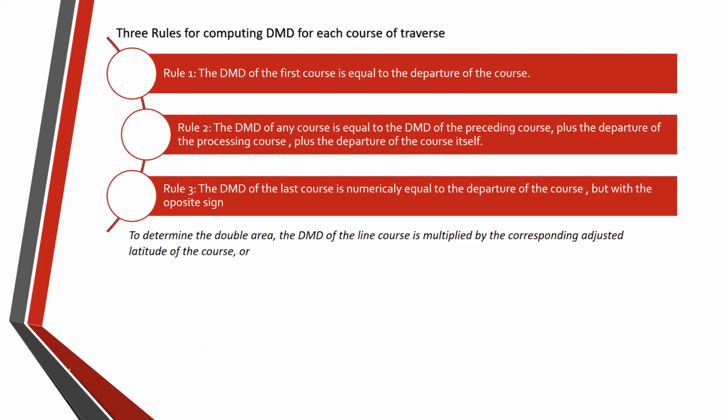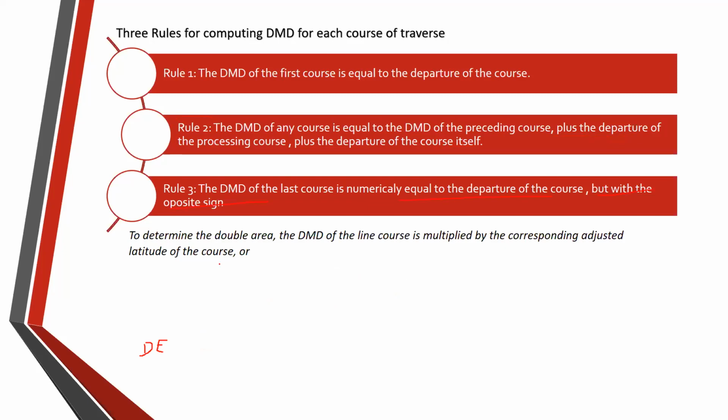For rule number 3, the DMD of the last course. We have A, B, B, C, C, D, D, E. DE is our last course, right? The DMD of the last course is equal to the departure of the course but with the opposite sign.